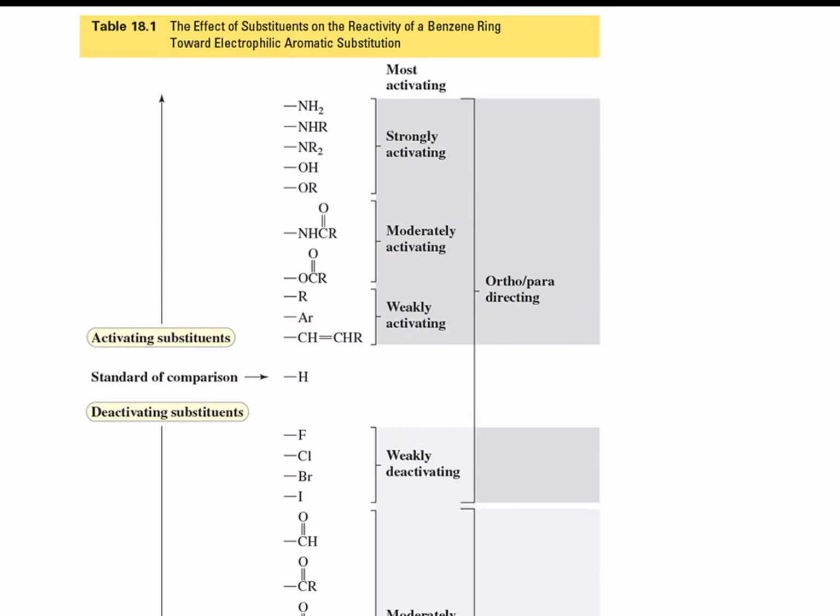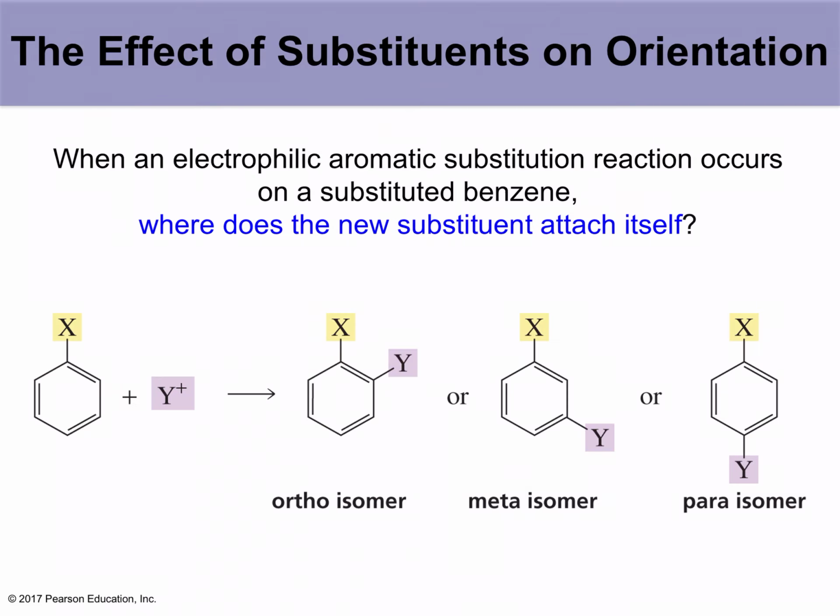Now, the effect of substituents on orientation. When an electrophilic aromatic substitution reaction occurs on a substituted benzene, where does the new substituent attach itself?